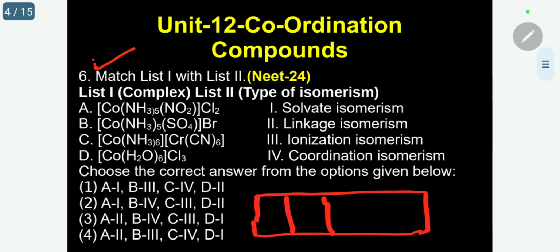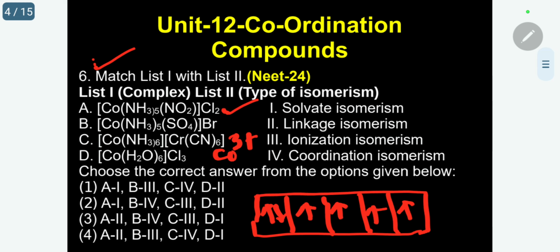One, two, three, four, five. So 3d6. This is actually cobalt 3 plus. The first one, A. Kindly follow. The ligand is NH3, a strong ligand. So what will happen automatically? Outside, we have 2 more electrons.